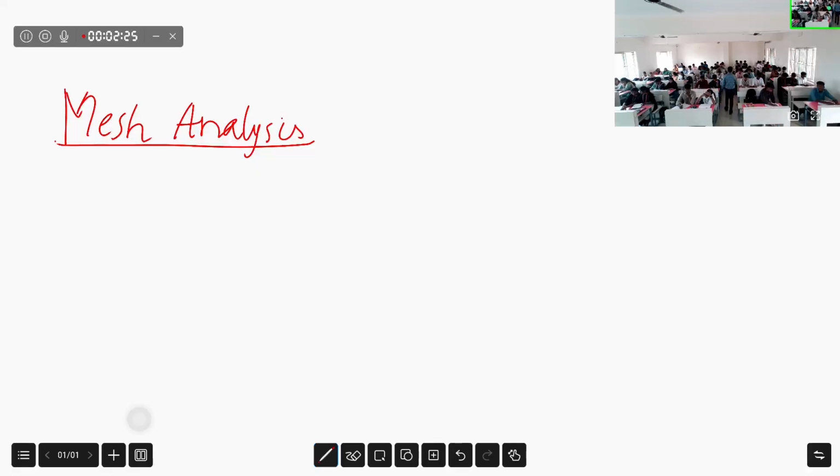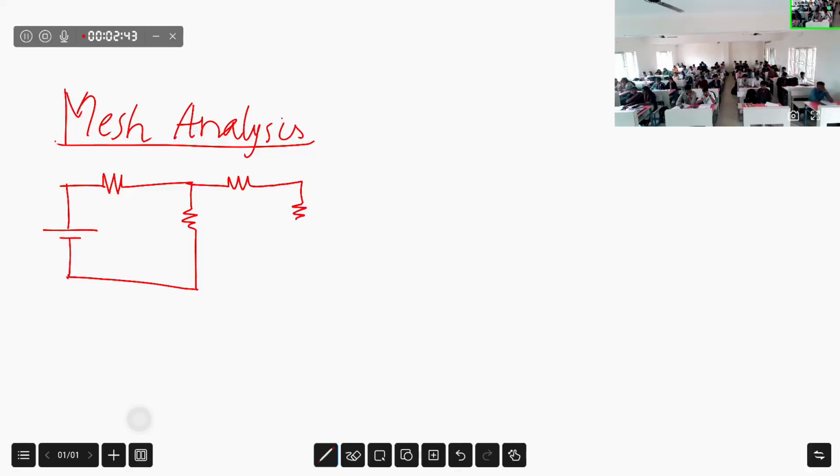So in node analysis, we looked at the interconnection points in a circuit. Listen, don't talk. Just consider a simple electrical circuit. So how many nodes are there?